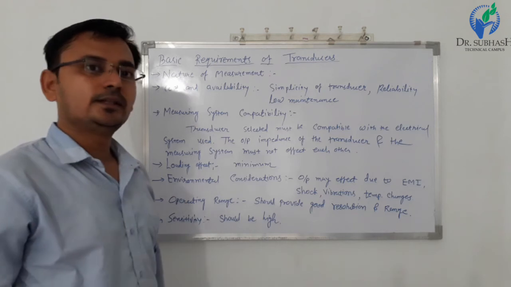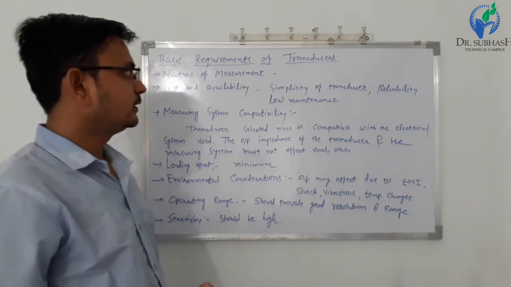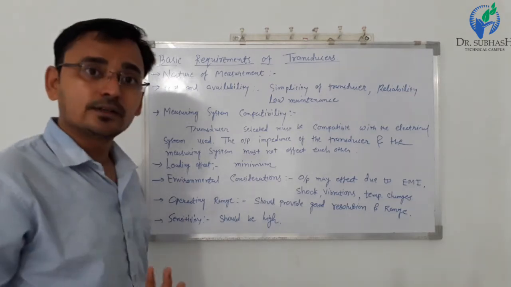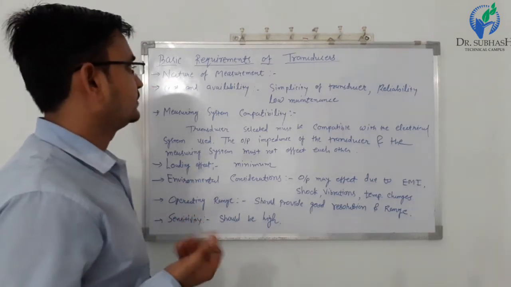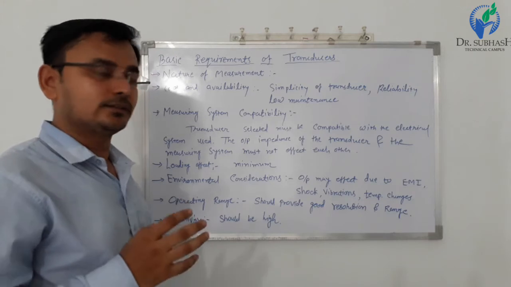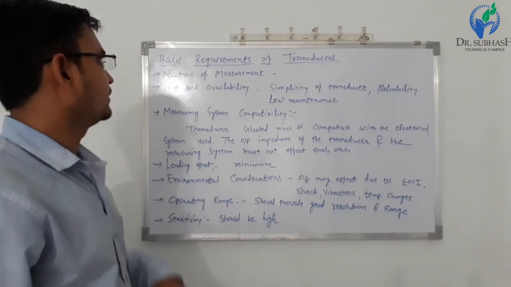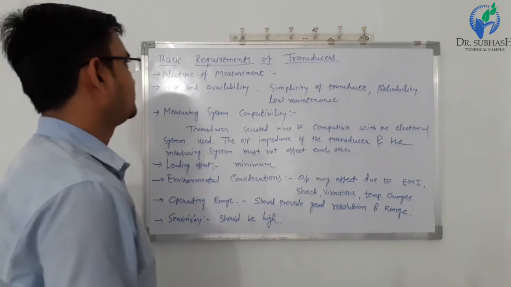For example, if we are using a capacitive transducer, then a capacitive sensor is used for this. So this is the nature. For different types of measurement, we have to consider the nature of measurement.